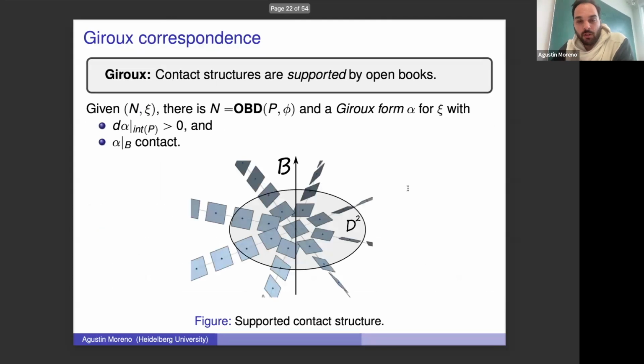Okay, there's also the Giroux correspondence. This is of course very, very foundational work in contact topology. So Giroux basically tells you that studying contact manifolds is equivalent to studying open books. Okay? So contact structures in particular are supported by open books in a suitable sense. The statement is a 1-1 correspondence. Contact structures up to isotopy are in correspondence with open books up to a notion of stabilization.